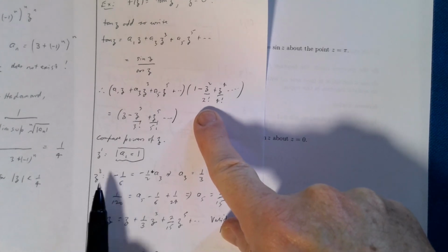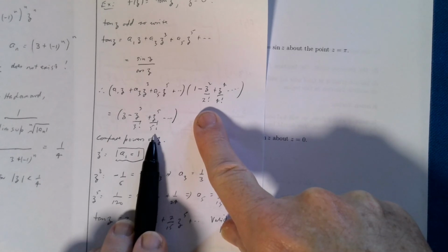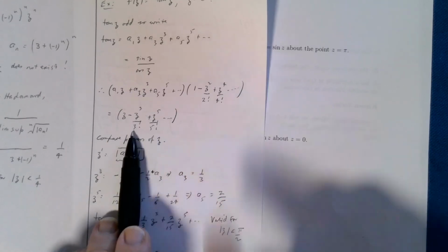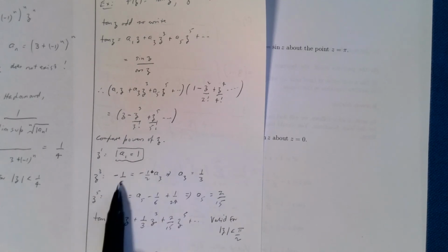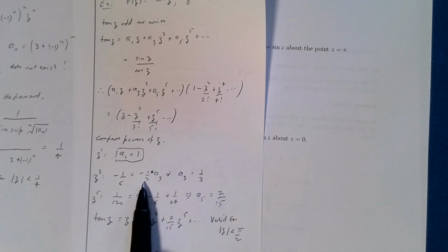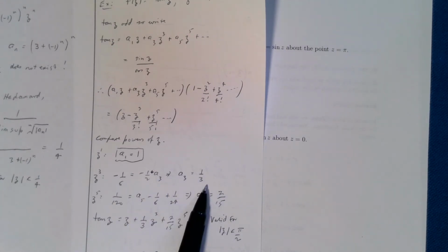And on the other side, we have minus 1 on 6, so minus 1 on 3 factorial. That is minus a half a1 plus a3 equals minus a sixth, because a1 was 1, so a3 turns out to be a third when we simplify it.